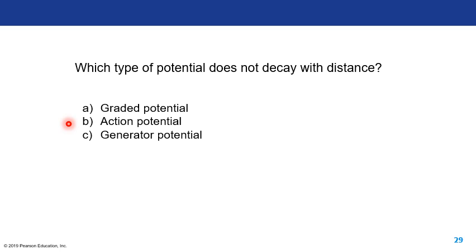But if you are awake and neurons in your brain are going like fire, fire, fire, you should get the correct answer, right? Anybody need more time? The ones that are giving me the wrong answer, you should consult your friends quickly. Okay, what's your answer? B, the one that does not decay with distance is your action potential.